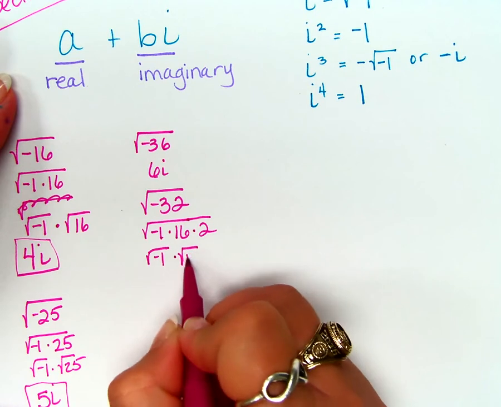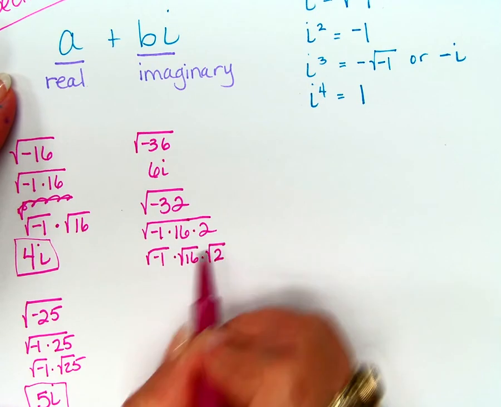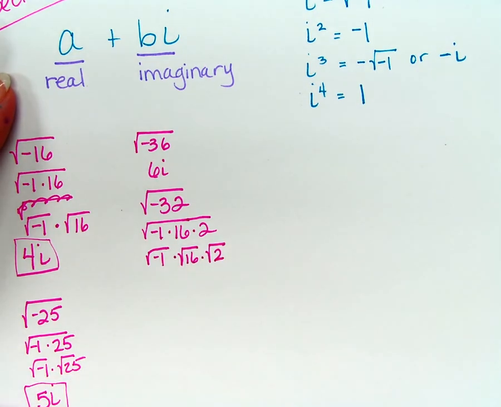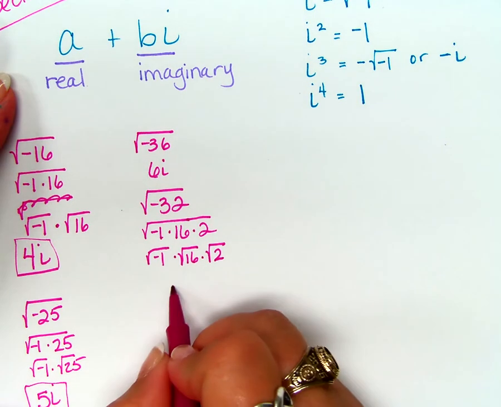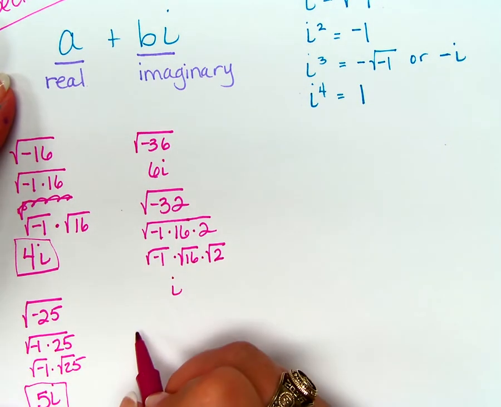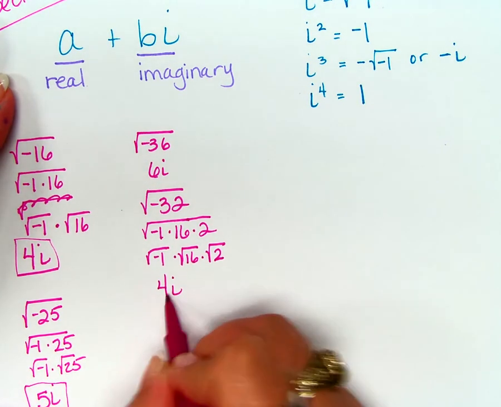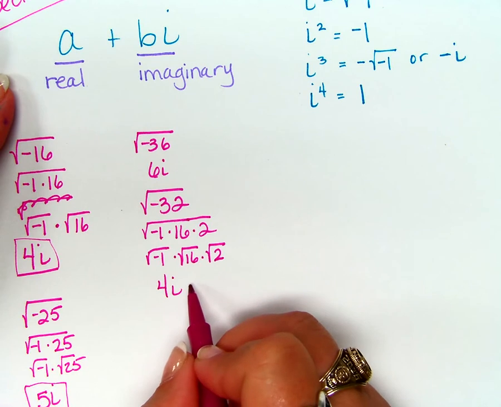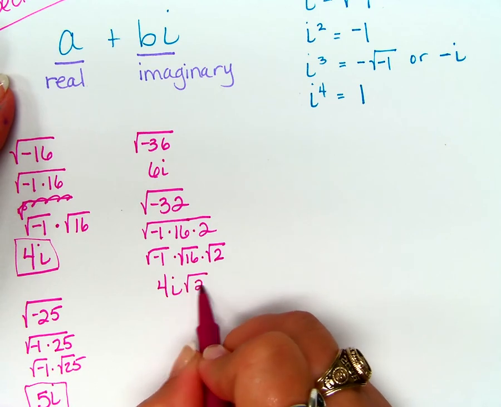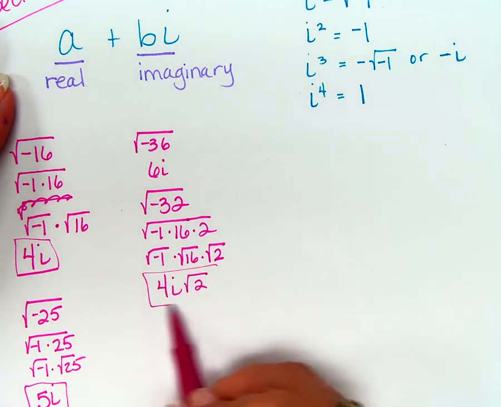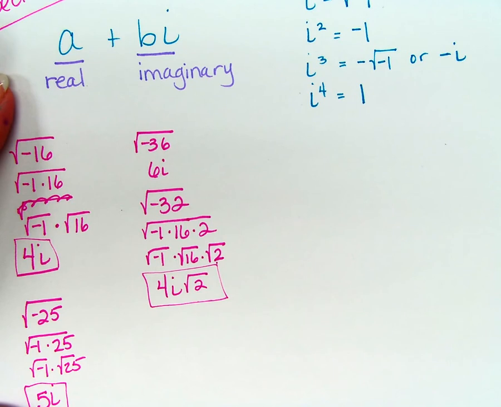Same is true here. Do you know the square root of negative 1? i. Do you know the square root of 16? 4. Do you know the square root of 2? I don't either. You okay with that?